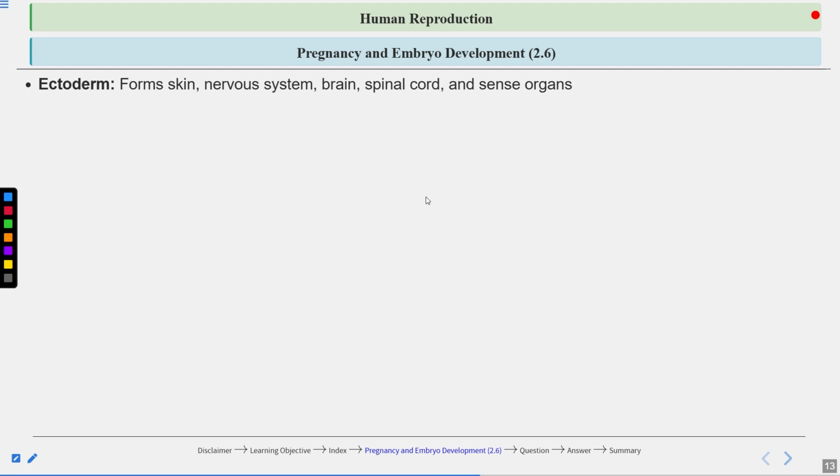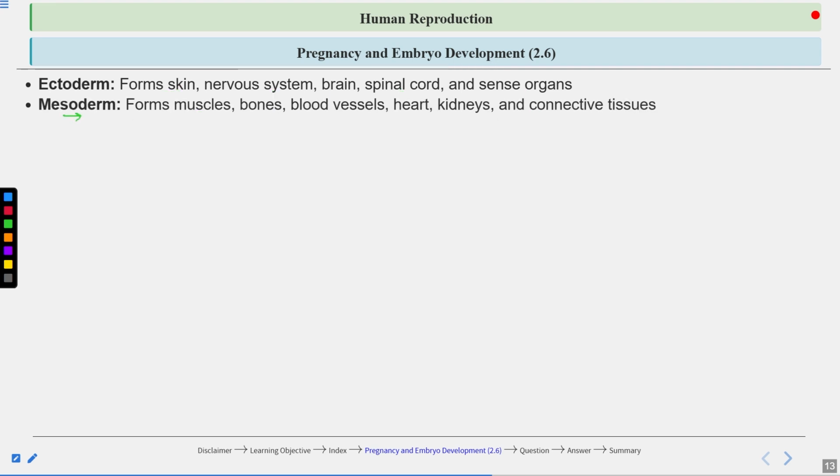Now, ectoderm, what does it give rise to? The ectoderm forms the skin, the nervous system, the brain, spinal cord, and the sense organs. Then mesoderm. It forms the muscles, bones, blood vessels, heart, kidneys, and the connective tissues. These are all very important organs: heart, kidneys.